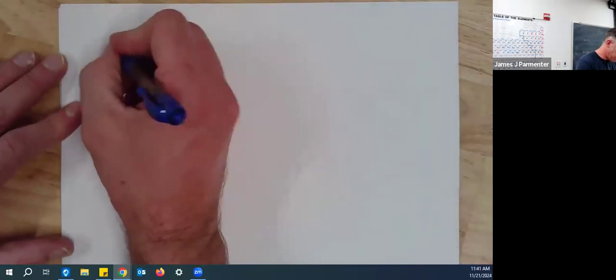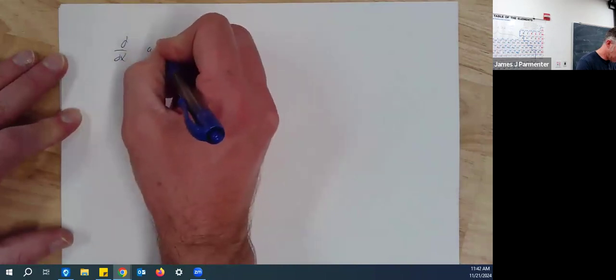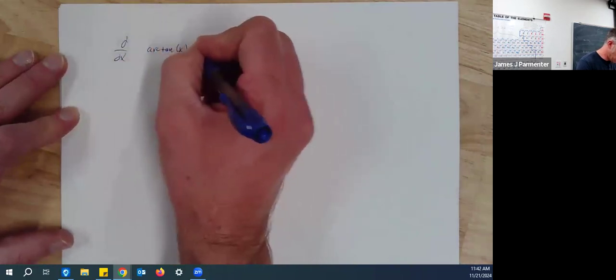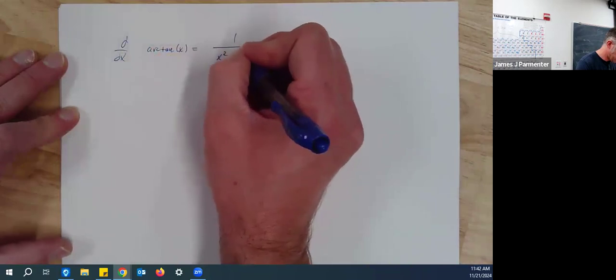Are we expected to know arctan? Yes, you're expected to know that the derivative of the arc tangent of x is equal to 1 over x squared plus 1.